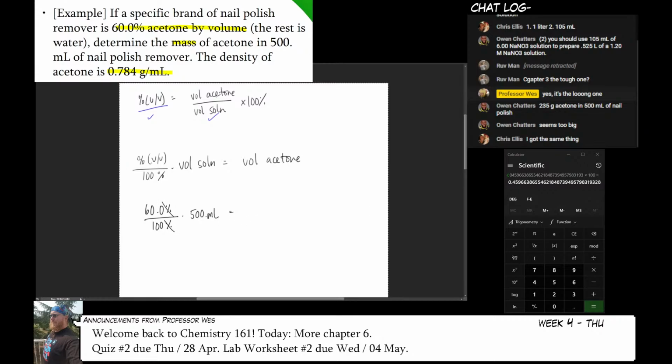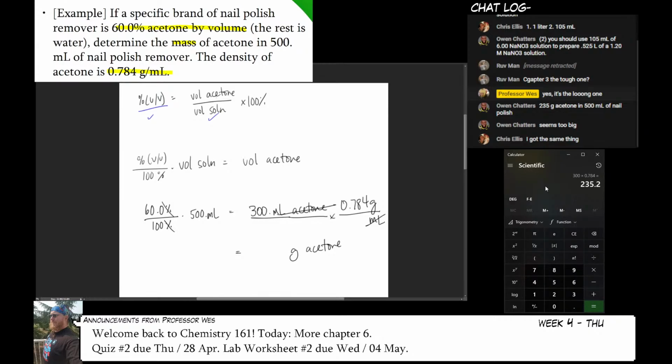And that would be 300 milliliters, and this would be acetone, which I can then multiply by the density, 0.784.